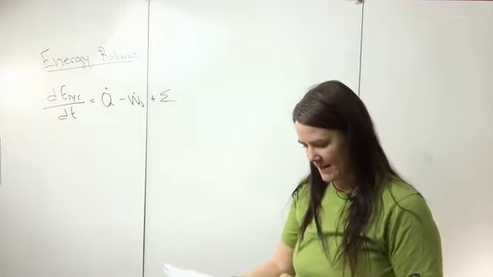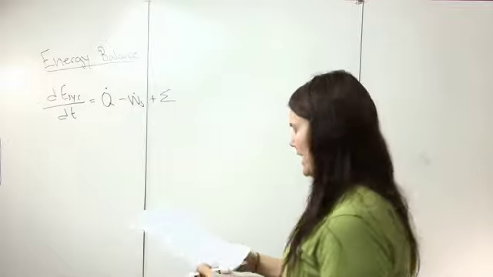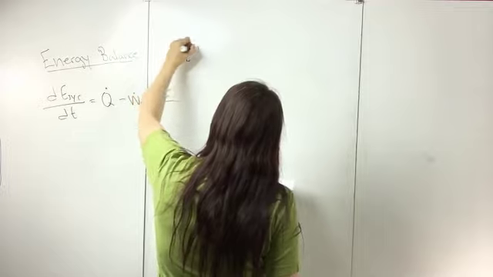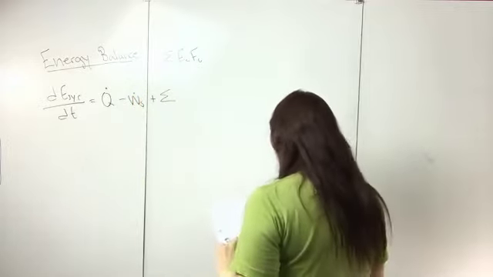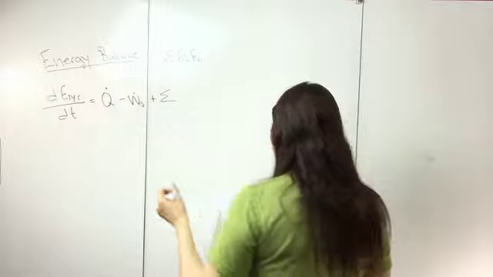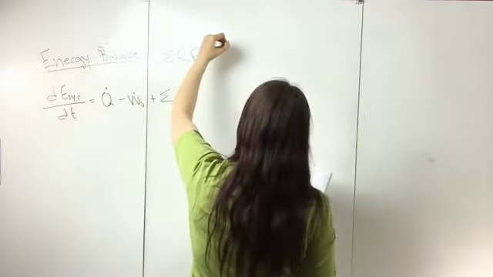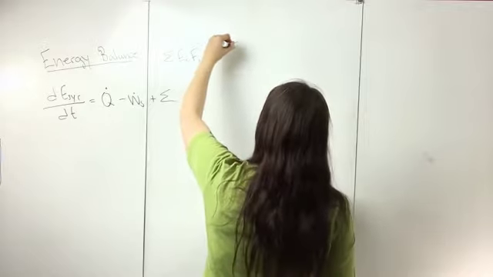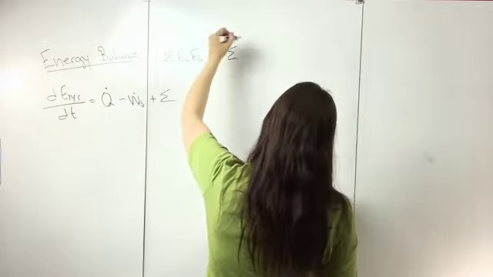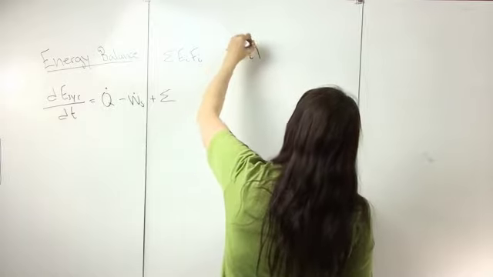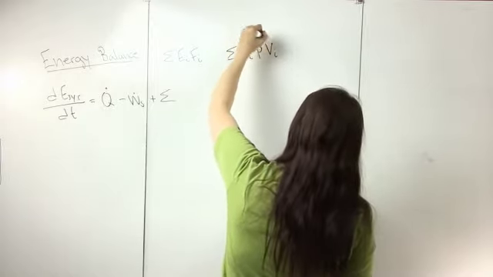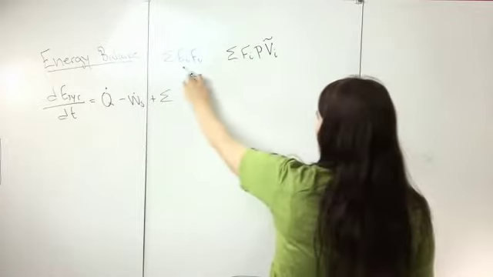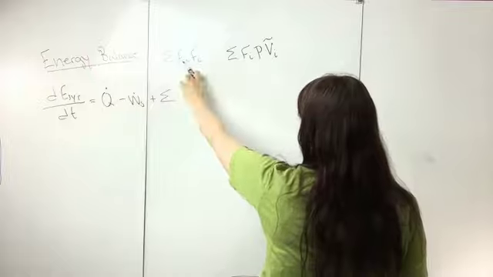So for the first one, if you remember, I had the sum of energy in with the flow, and then in the work equation I had this sum of flow, P, specific molar volume. And so in this equation I'm combining these terms.